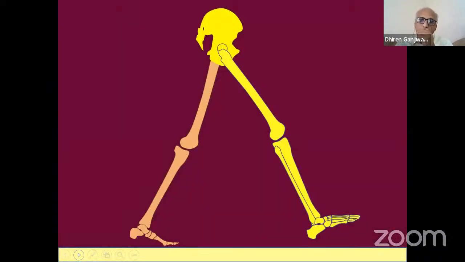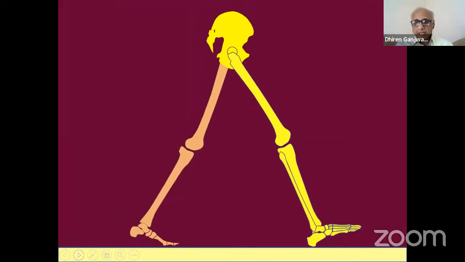It begins with the heel coming in contact with the floor, and when it does, the impact comes. The body weight strikes the floor, and according to Newton's law, there is an equal amount of impact, which we call the ground reaction force.